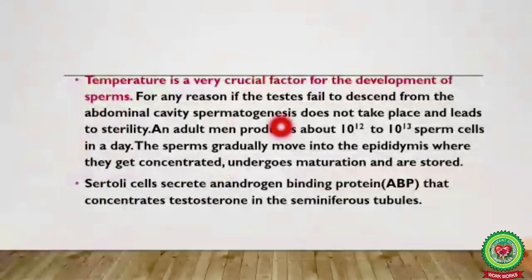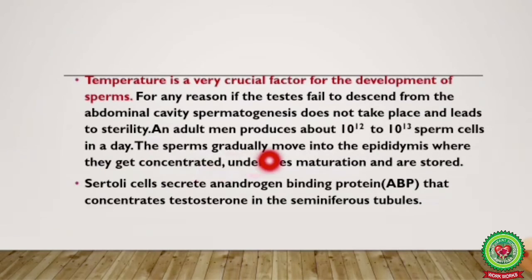Now, temperature is a very crucial factor for the development of sperms. For any reason, if the testes fail to descend from the abdominal cavity, spermatogenesis does not take place and leads to sterility. An adult man produces about 10^12 to 10^13 sperm cells in a day.